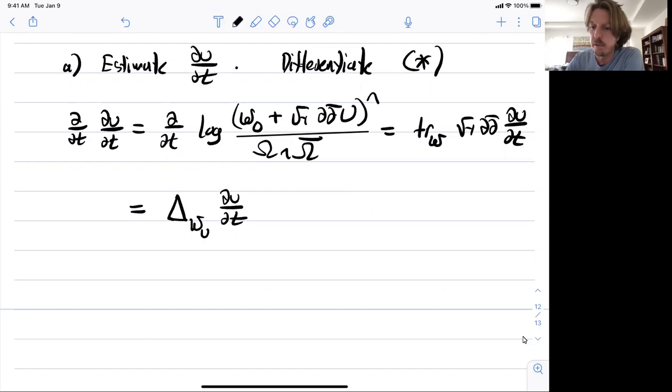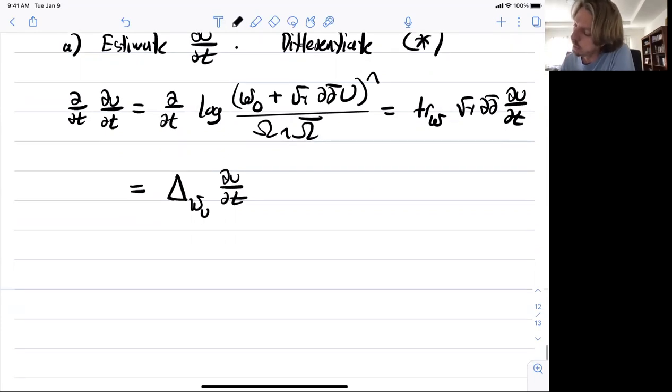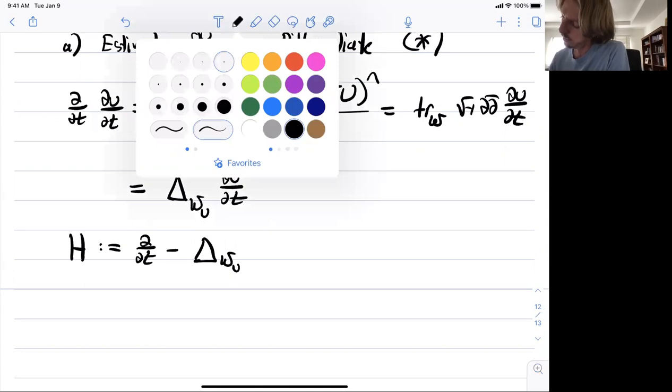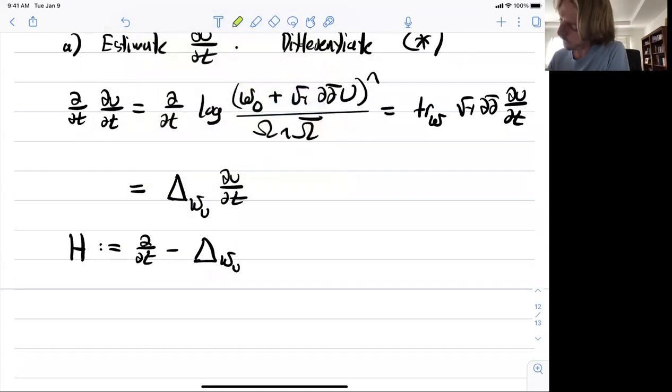Without C1 equals 0, this will not be nearly this clean. But we can summarize this as follows. I'm going to define H to be the heat operator. This is del T minus the Laplacian with respect to the time-dependent metric, the time-dependent heat operator.